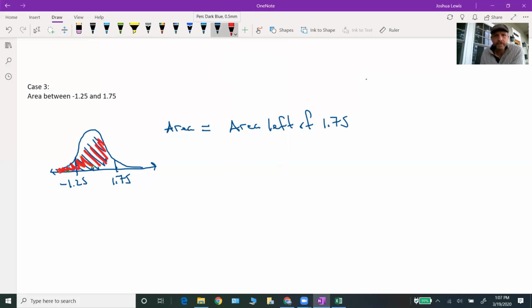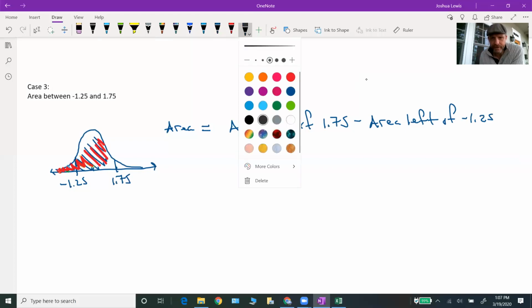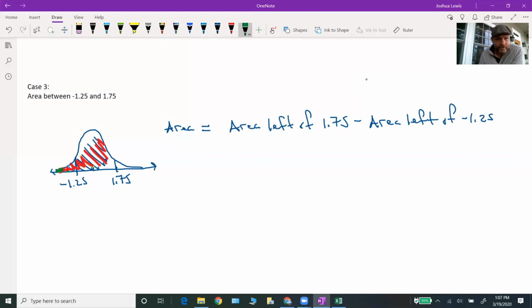So I need to subtract the area left of negative 1.25. And what will that give me? If I subtract that area, maybe make that green, that's all this here. So the only area that will be left is that area between those two values.